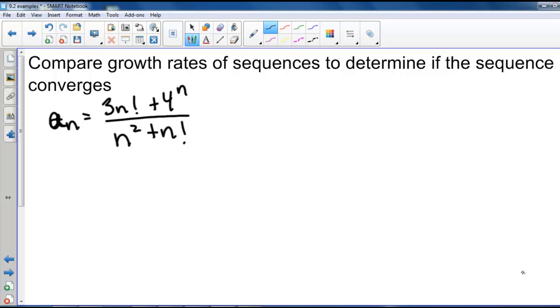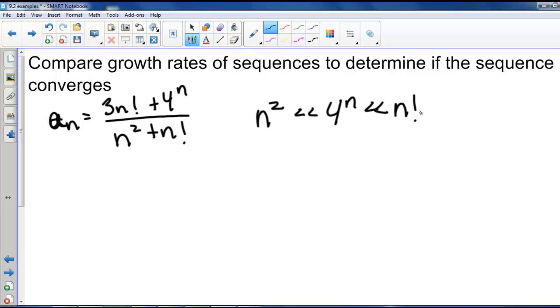Here our sequence is a sub n equals (3n factorial plus 4 to the n) over (n squared plus n factorial). Comparing our growth rates, n squared grows slower than 4 to the n, which grows slower than n factorial.